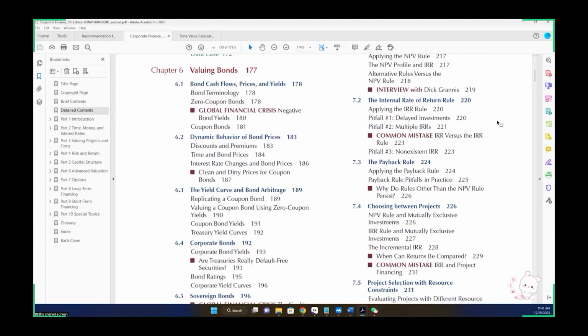Because as a bond, they have specified their face value or par value. They have the fixed coupon rates, and they have their maturity. Maturity means how many years you will have to wait to get the money back.